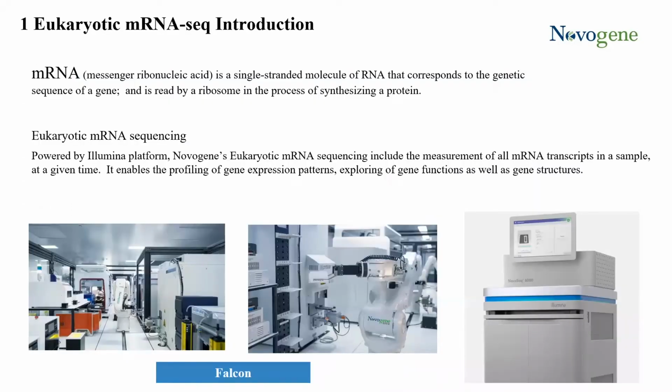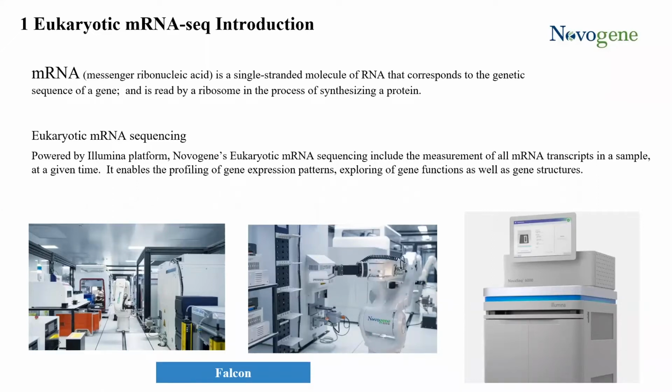So let's talk again about the RNA-seq part and the Falcon system that Novogene has. As we all know, the mRNA, the messenger ribonucleic acid, is a single-stranded molecule of RNA that corresponds to the genetic sequence of a gene and is read by a ribosome in the process of synthesizing a protein.